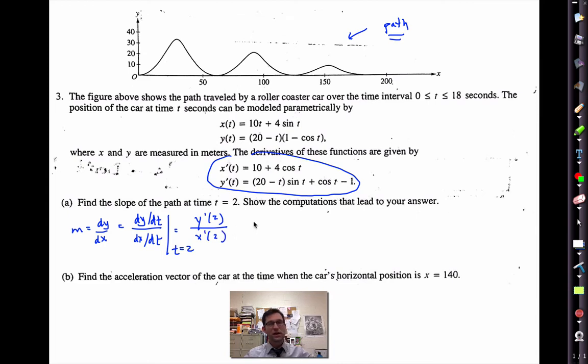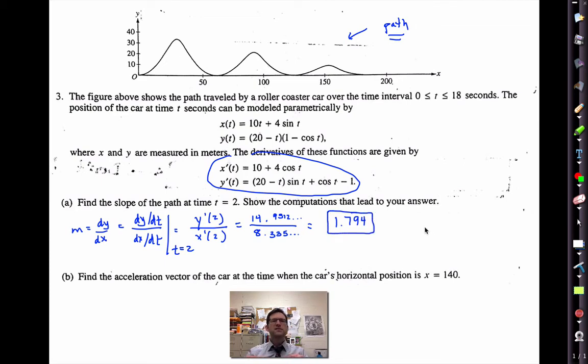Good notation use there. Let me figure out what those values are. I certainly don't have them memorized. It's 14.9512, etc., divided by 8.335, etc. So the slope of the path is an ugly 1.794. 3 decimal place accuracy, AP standard.